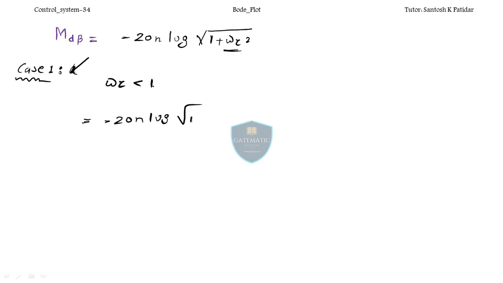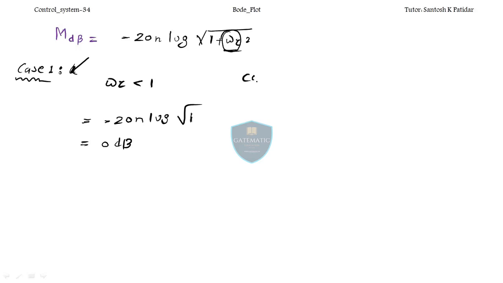If this is less than 1, the square of it will be again less, so overall I am getting nearly 1. Under root of 1 it will be 1. Finally log 1 is 0, so the magnitude you are getting is 0 dB. So in case 1, your magnitude will be 0 dB.